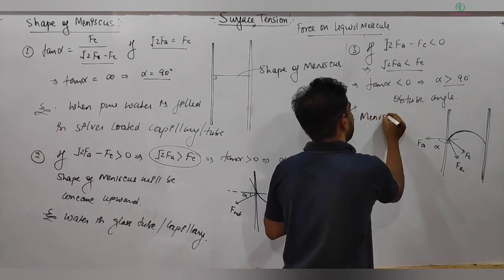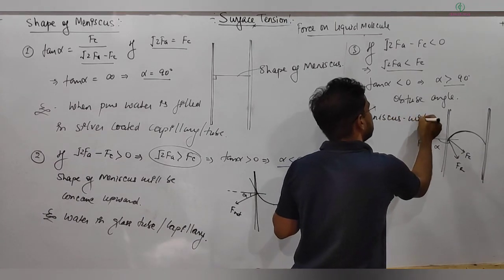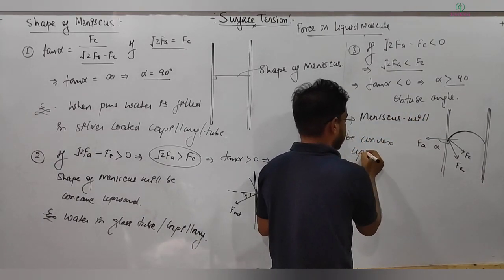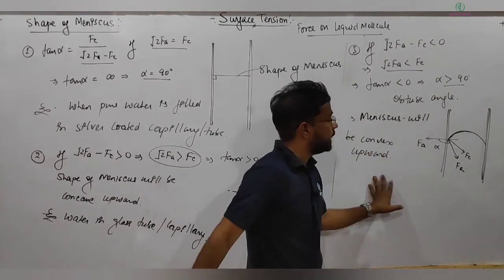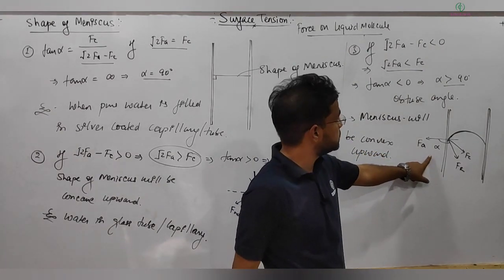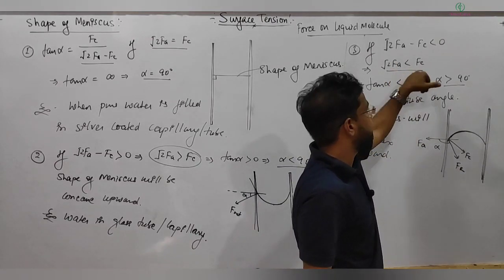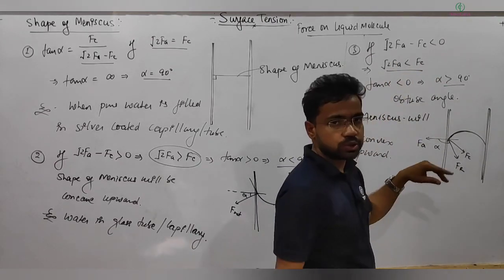Meniscus will be convex upward, and this is this. So in this situation, F adhesive by root 2 is less than F cohesive, you can say.